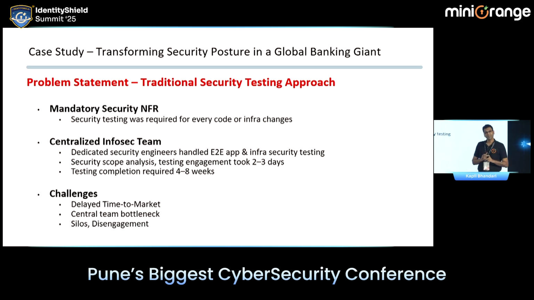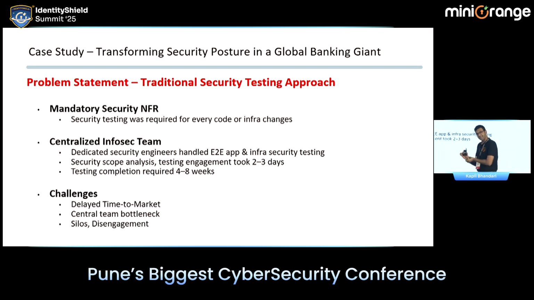Small change, big change, infrastructure change, application change, or both, the minimum was 4 to 8 weeks. And the issue with this setup was, you have tested and everything is okay from your perspective.